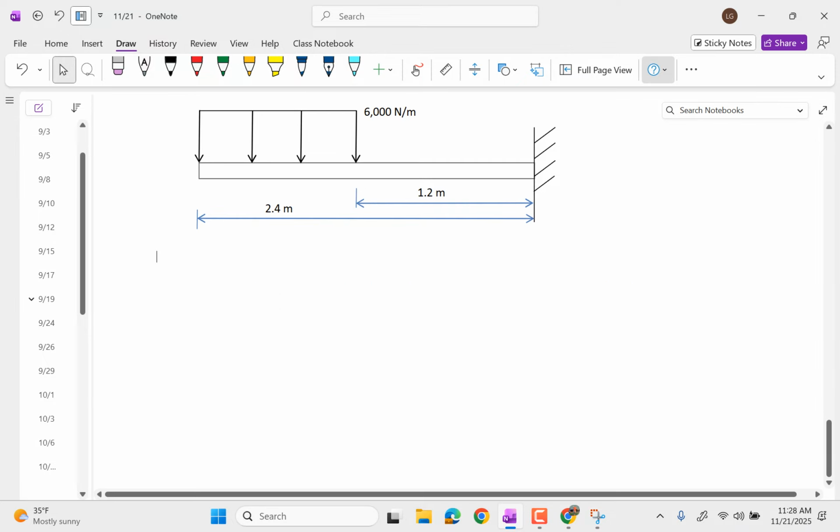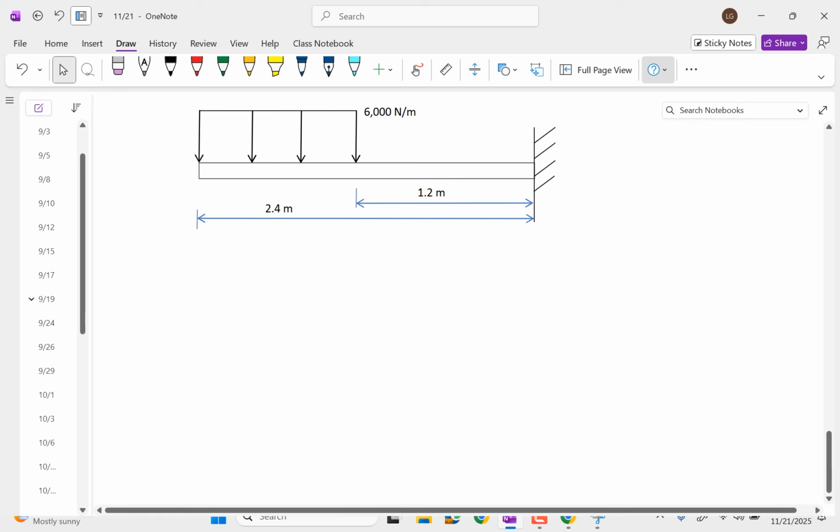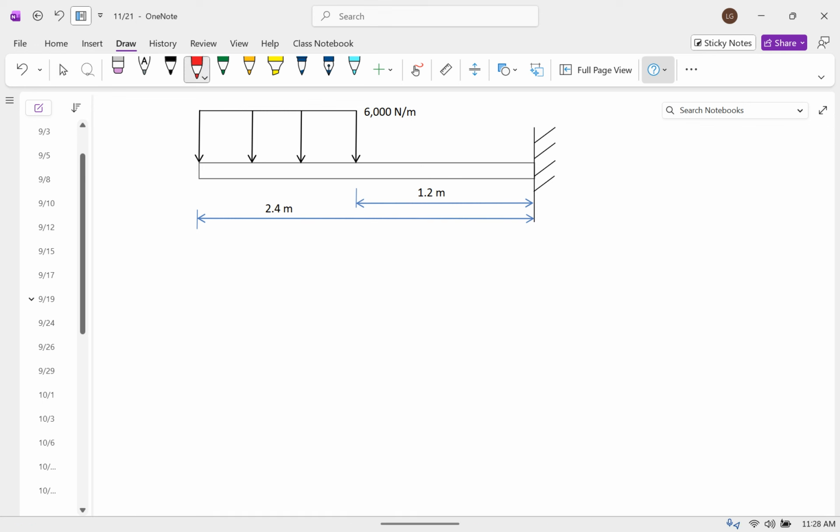Okay, so this one again, we don't have to calculate the external loads because all the unknown external loads happen at the right end, so they don't show up in any cuts.